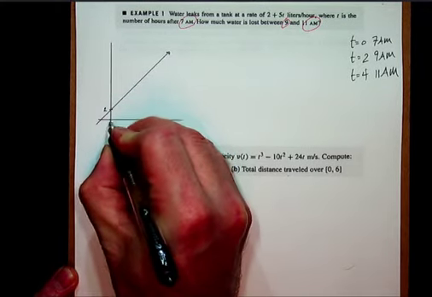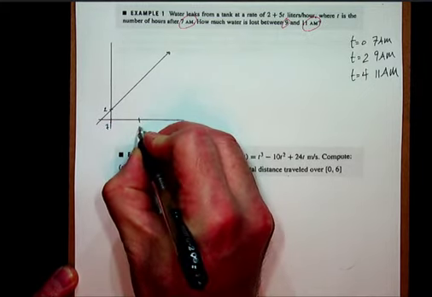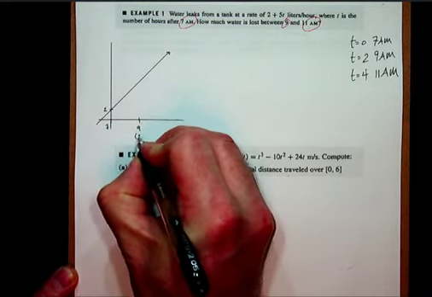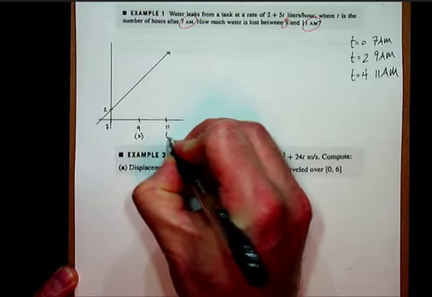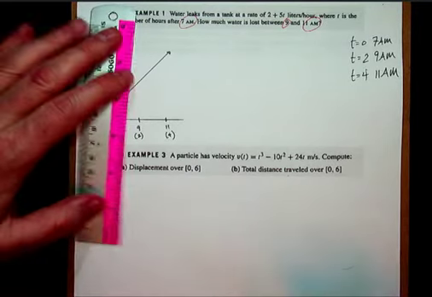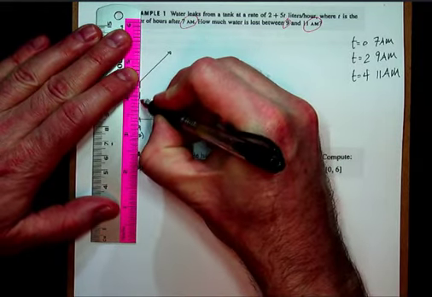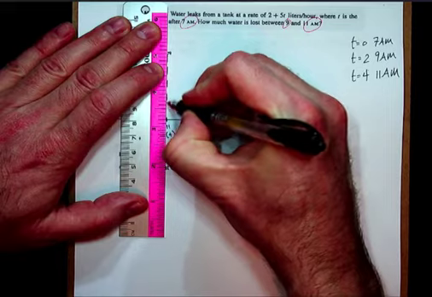So if this right here is 7, this right here is 9 a.m., which is of course t is equal to 2, and this right here is 11, which is t is equal to 4, the amount of water lost is the area under that curve between those 2 times.